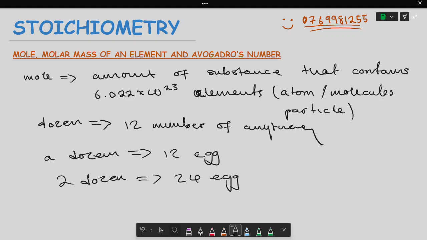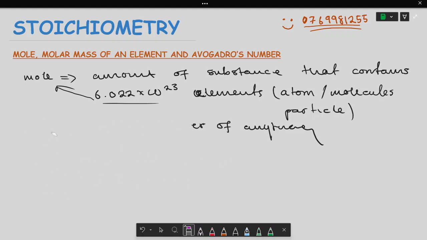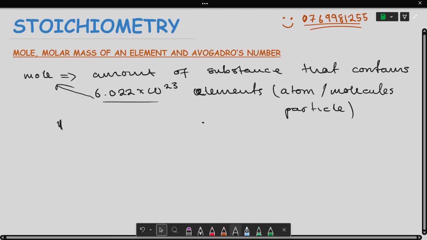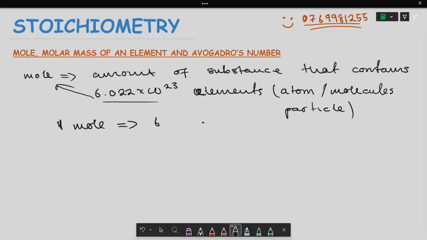So instead of saying this number, we just say a mole. In simpler terms, one mole is equal to 6.022 times 10 to the power 23.